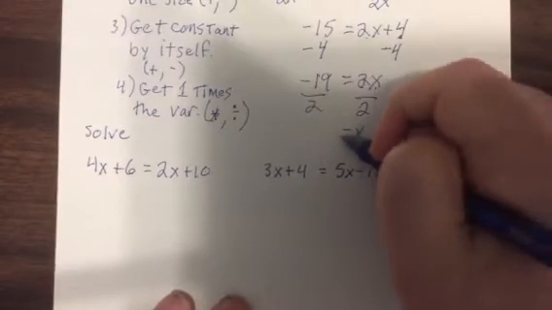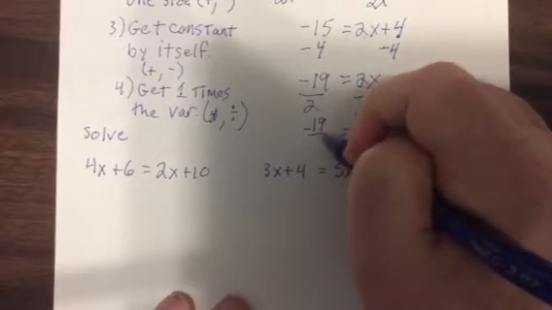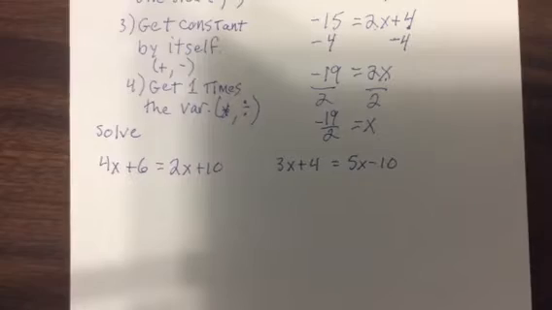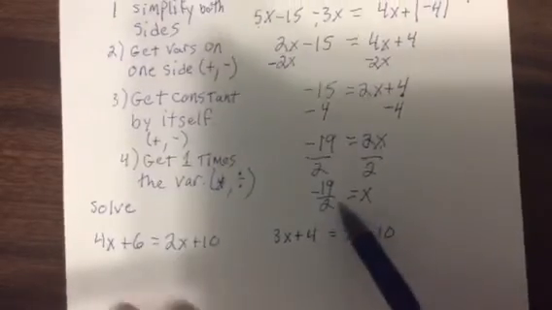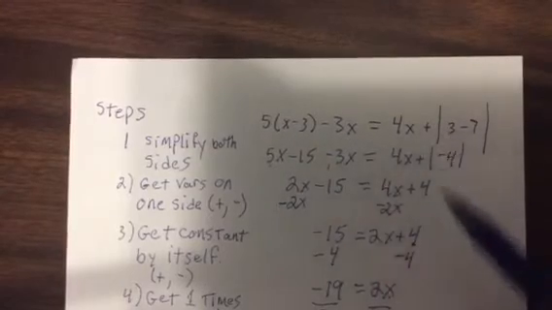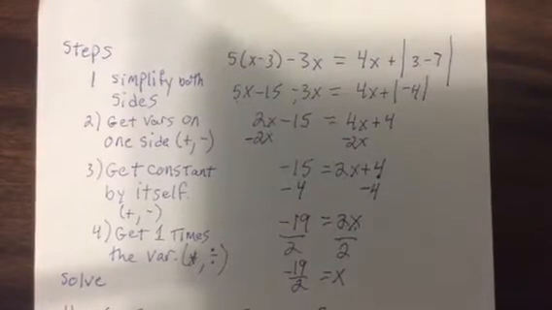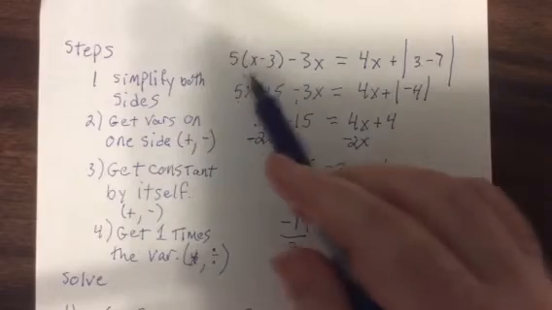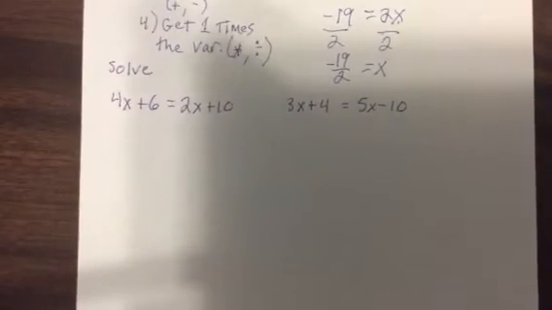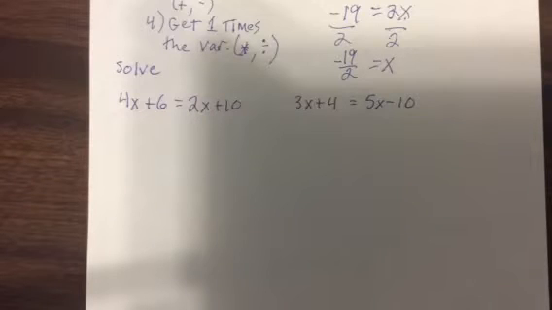So that'd be x equals a negative 19 over 2. Now, if it's nice numbers to check, you just put it into the x of the original problem. But to be honest, during the test, you really don't have time to put it in most times to check it.